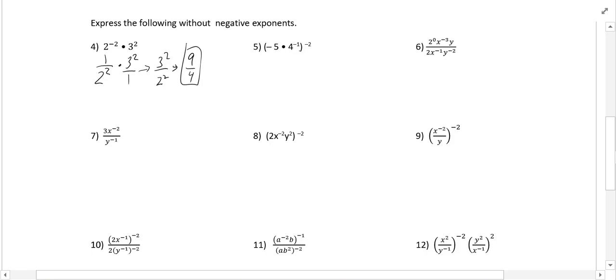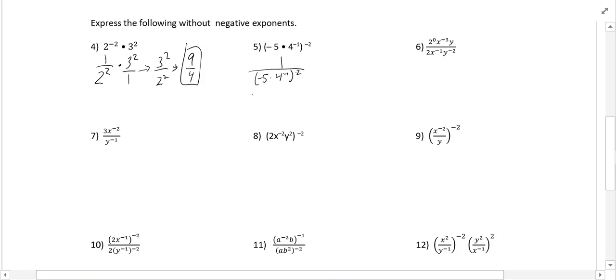All right, when you're doing something like this, in order to make this negative exponent positive, again, we're going to flip it. It's not going to do anything to the exponent on the inside. It only takes care of the exponent on the outside. So we're going to get 1 over negative 5 times 4 to the negative 1, squared. Again, it's only taking care of this outside one.